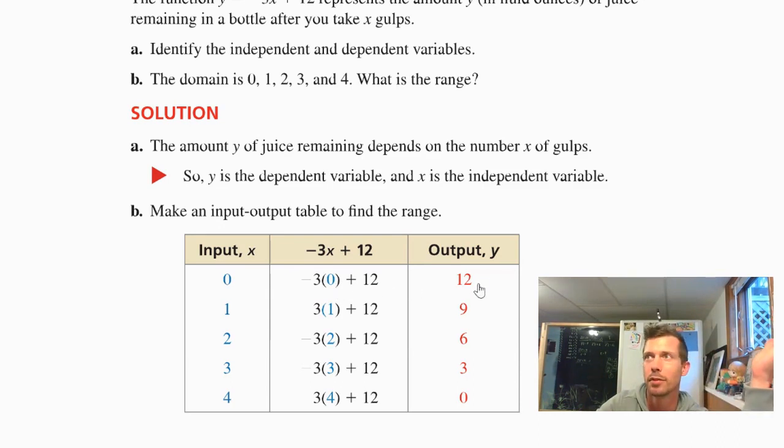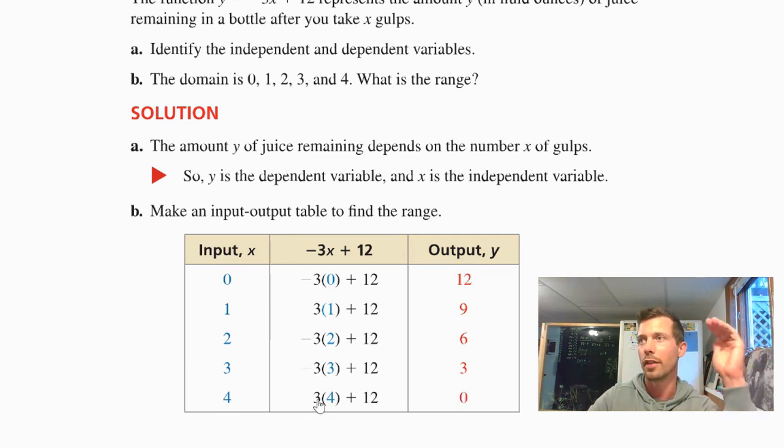If I don't take any gulps, I know that this container is 12 ounces because it has 12 ounces of fluid in it. That's the beginning amount, or my y-intercept, if you think about it that way. If I take 1 gulp, just 1 gulp, then I have 9 ounces left. If I take 2 gulps, I have 6 ounces left. If I take 3 gulps, I have 3 ounces left. If I take 4 gulps, it's all gone. Because think about that, right?